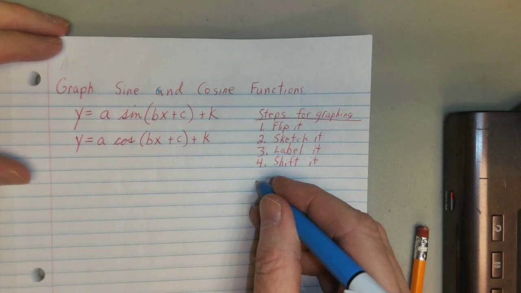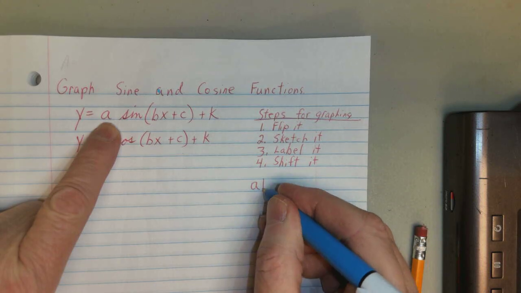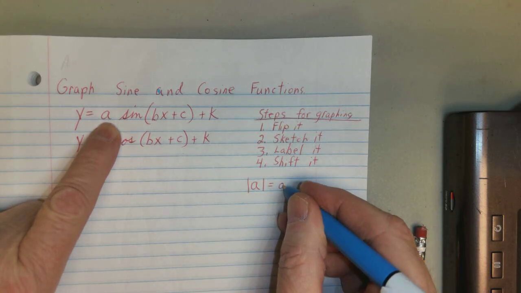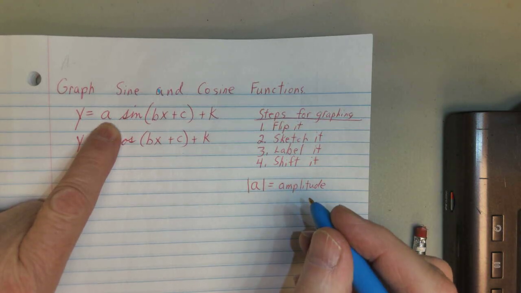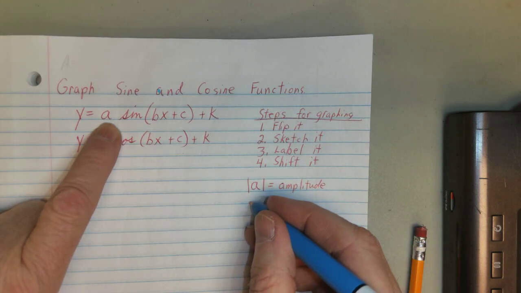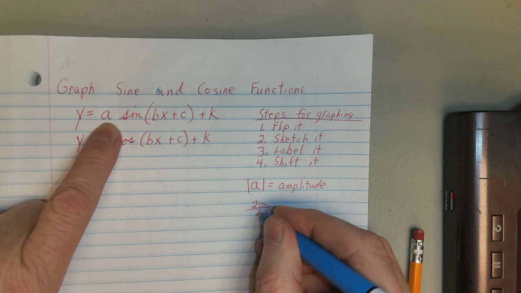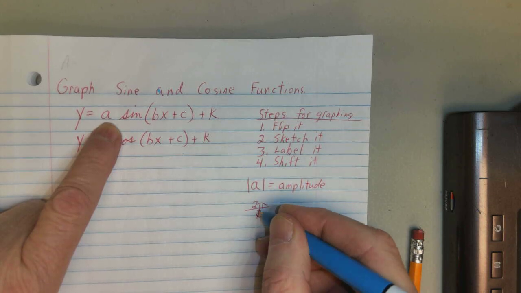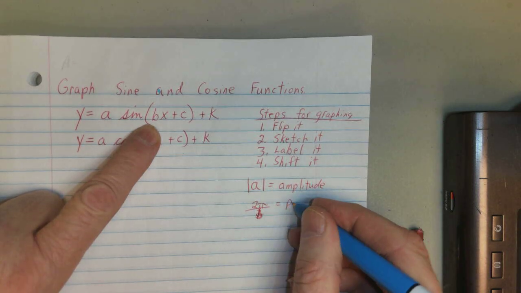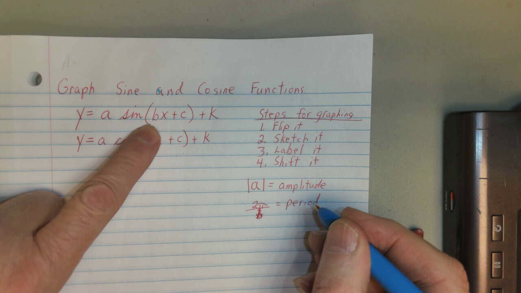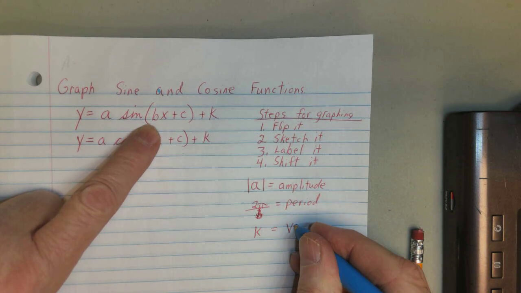There are certain things about this in the equation. A, or the absolute value of A, is going to be the amplitude of our graph. The period, 2 pi over b, is going to be our period. K is going to be our vertical shift.